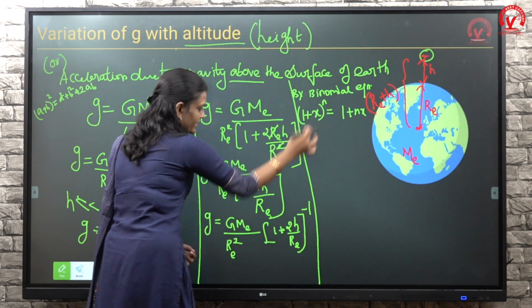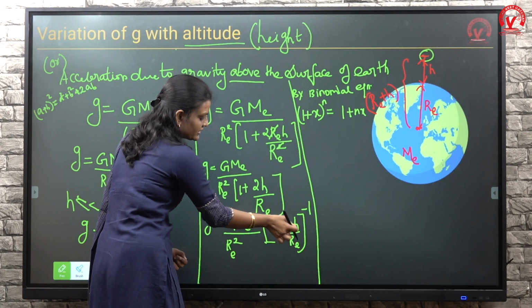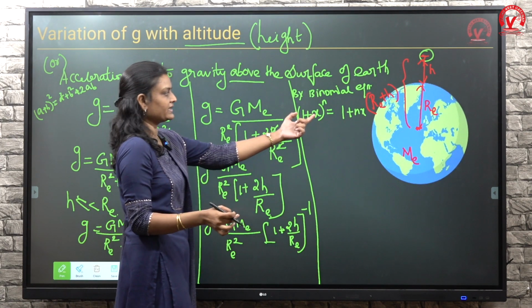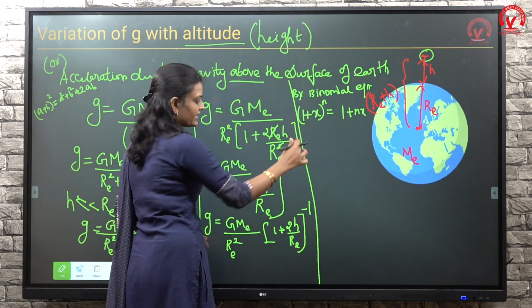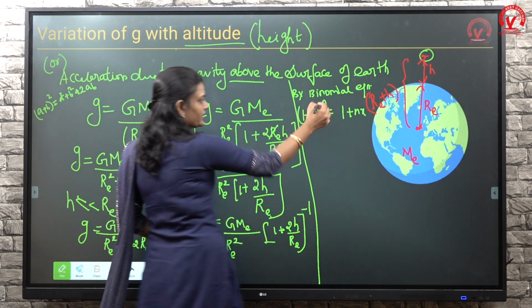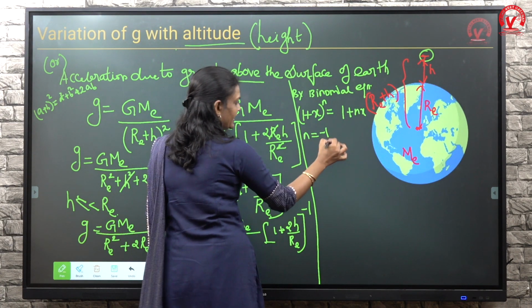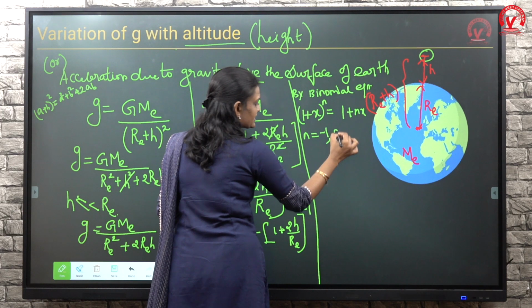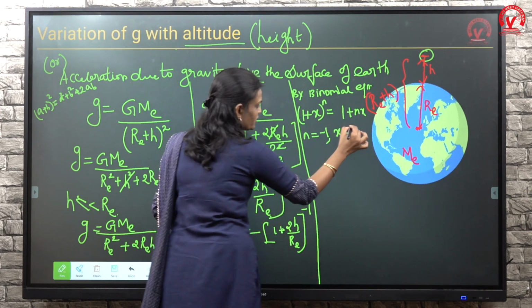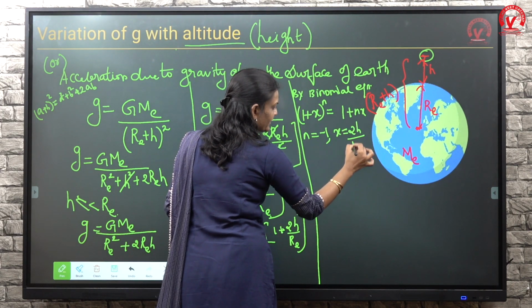This is 1, and this term 2h by Re, I am going to take that as x, and n is equal to minus 1. So we took here n is equal to minus 1, okay, and what is x? x is equal to 2h divided by Re.